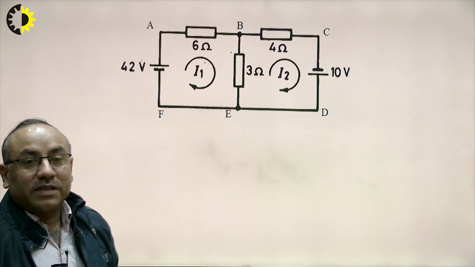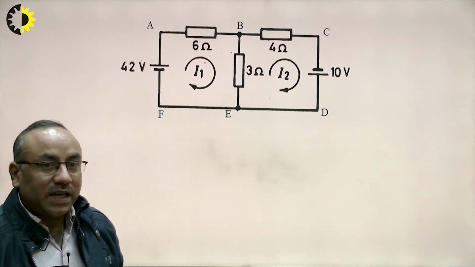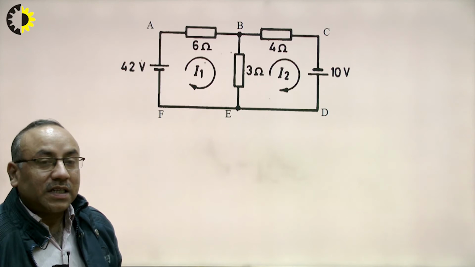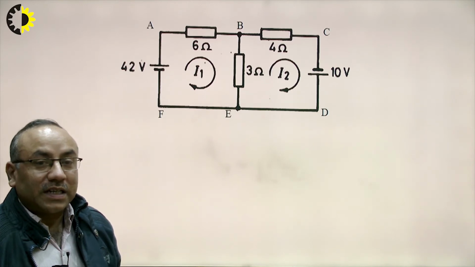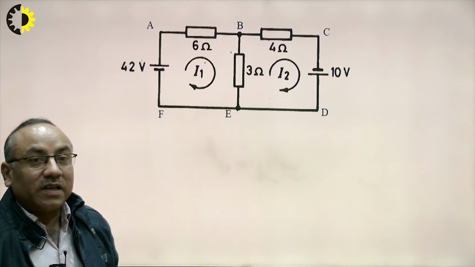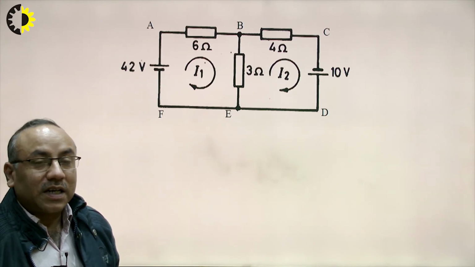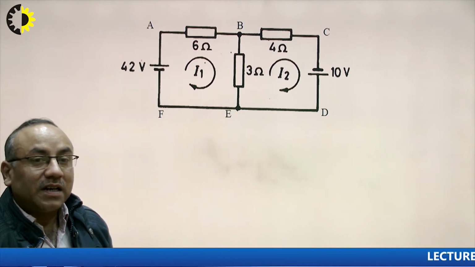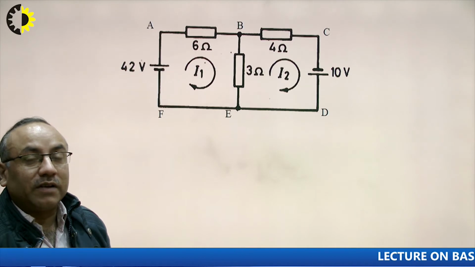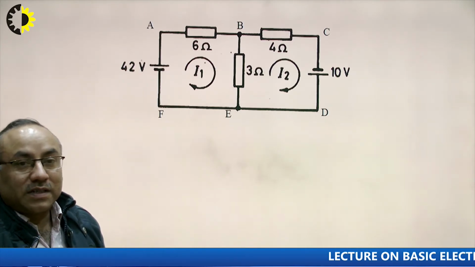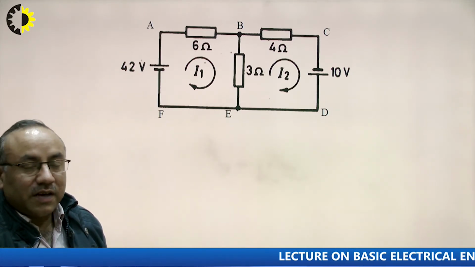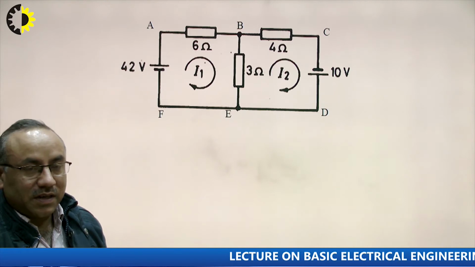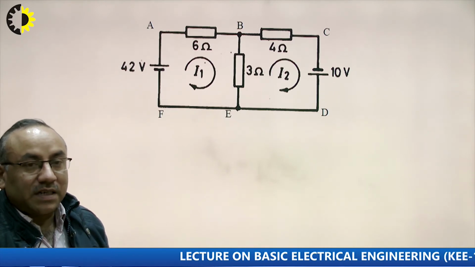We can see that the 3 ohm resistance is carrying two currents, I1 and I2, simultaneously. I1 is going in the downward direction as per the orientation we have selected, while I2 is going in the upward direction. After seeing all this, we can write the KVL equations for mesh number 1 and 2.